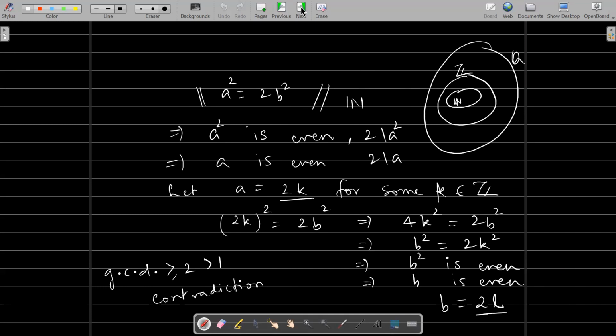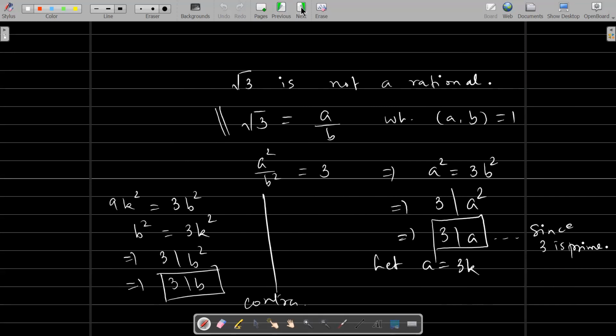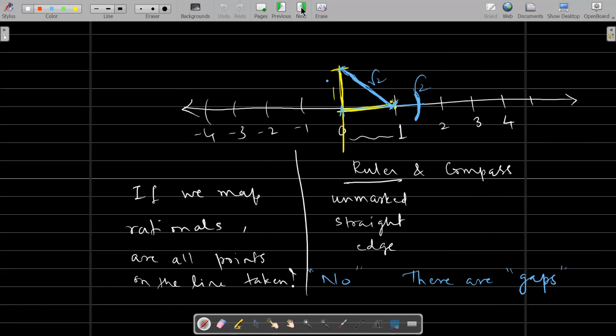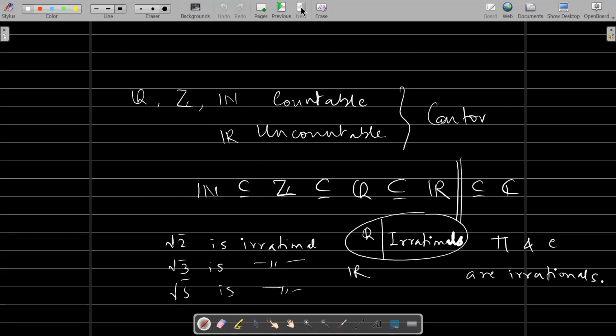Is that okay? Yes, sir. So we proved that root 2 is not a rational, root 3 is not a rational, and so on. So those numbers which are not rational, now we can have a name for them. They are irrationals. Yeah, so far good.